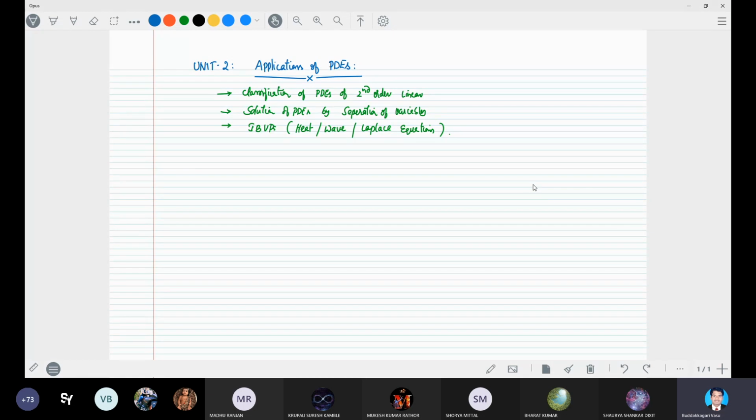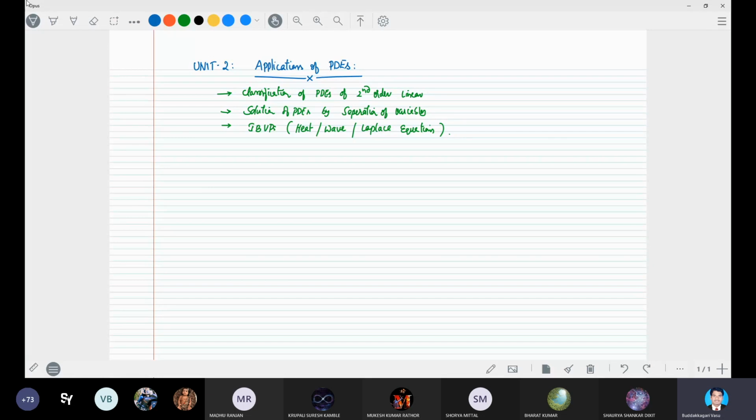Initial value problem means there are initial conditions. Usually a physical model will be described as a mathematical model. Here I would like to give you a brief idea on that.